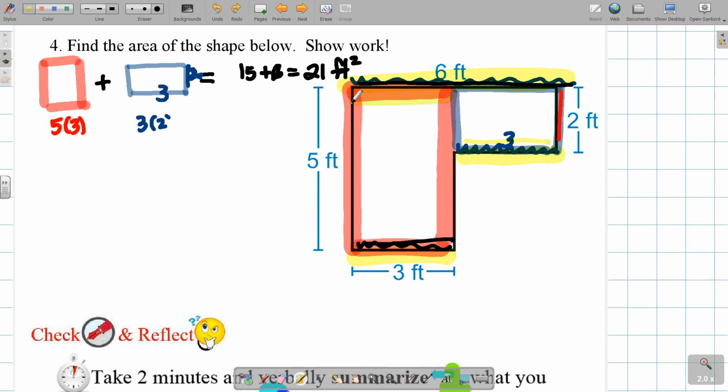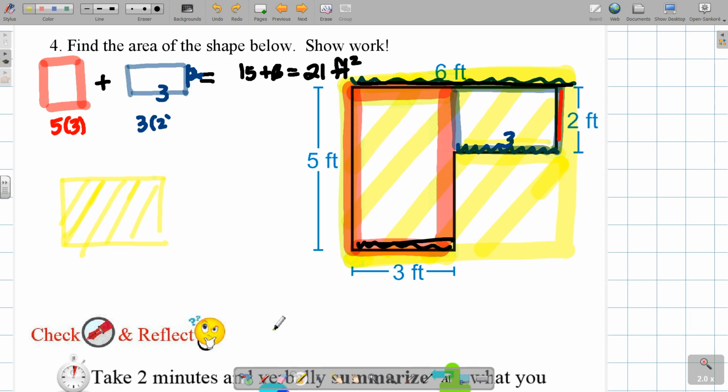Now, another way you could have done is seen it as one giant rectangle. See the yellow? And then you could, this is called negative space, subtract or bite out that negative space, and what's left is what you want.